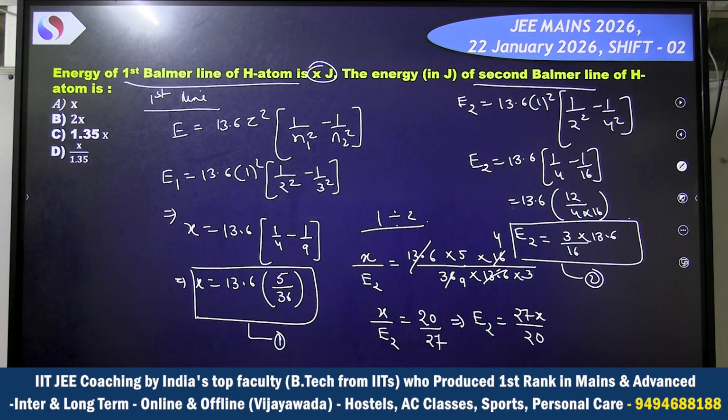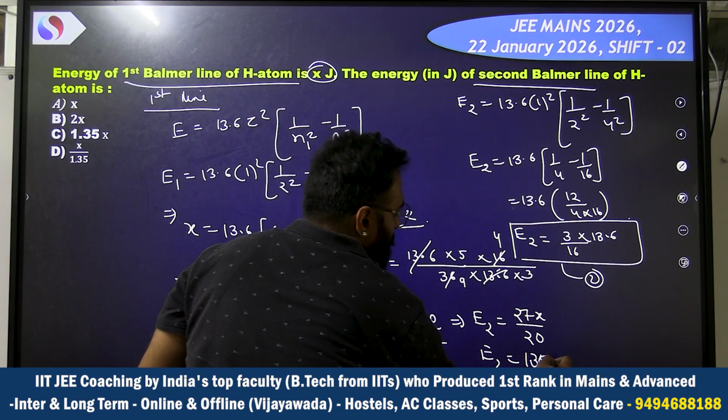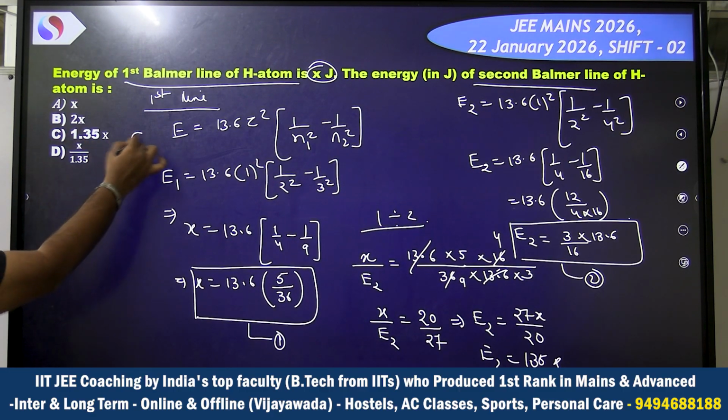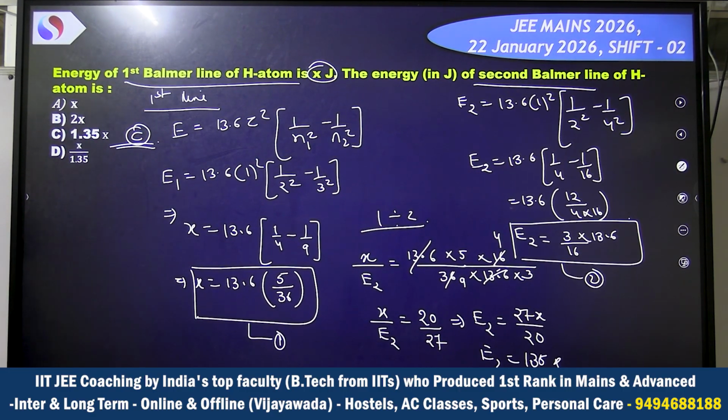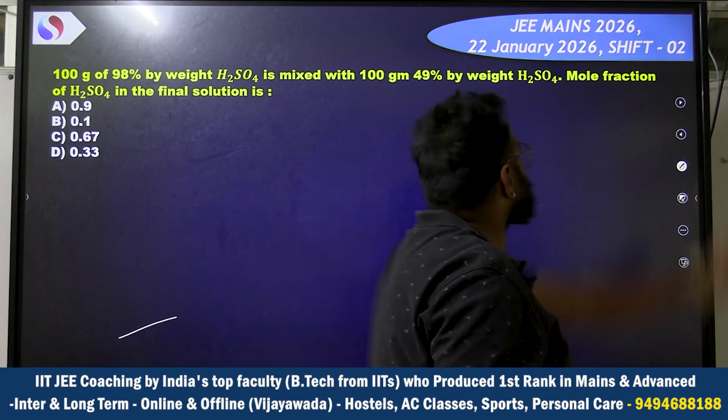So what will be the correct answer? 1.35x. This will be our correct answer. So option number 3, option C, is the correct answer. Understood? A simple question, NCERT based.